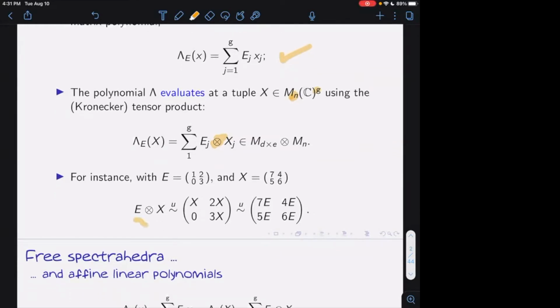Here I picked a couple of simple examples, E and X. You just take each element of E and multiply by X and get a block matrix, or you could do it the other way around. Up to unitary equivalence, it's all the same.